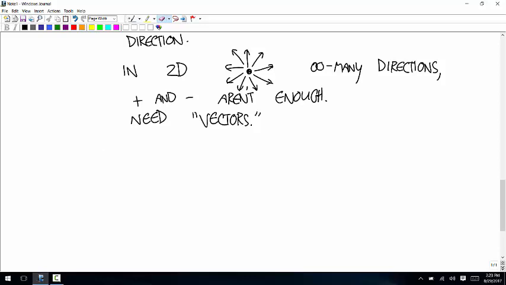Okay, so we're going to talk about the quantities that we're going to use mainly, which have directions associated with them.